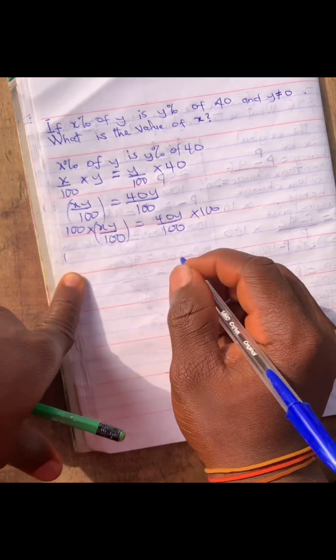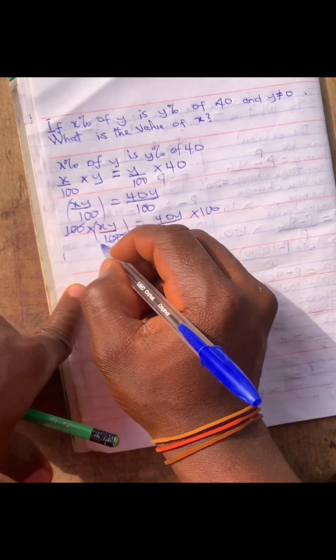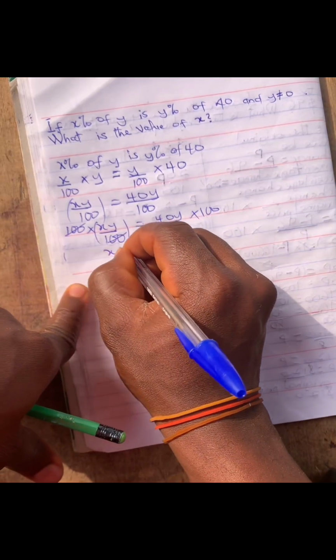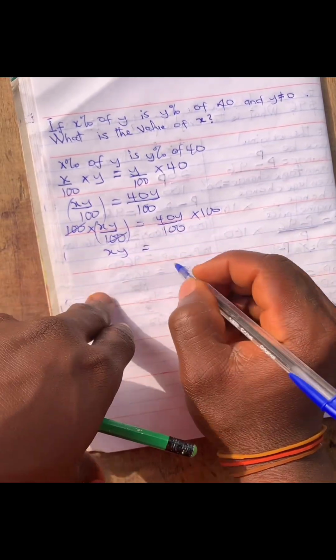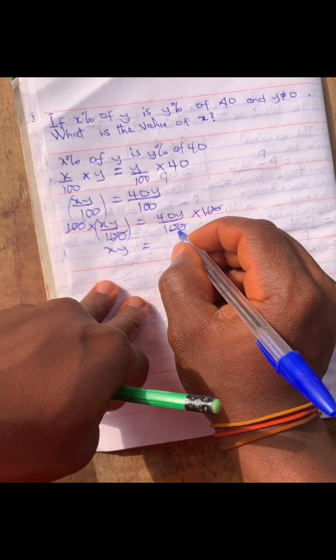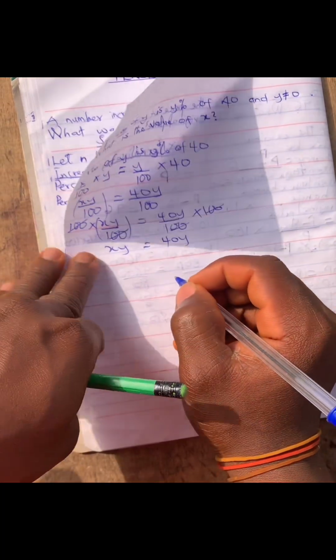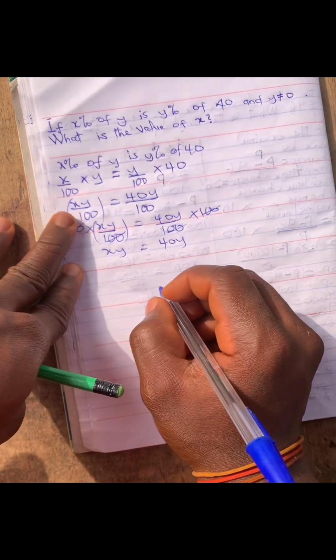Now this 100 divides this 100, making 1 times xy, which is xy, equals this 100 also dividing this 100, 1 multiplying 40y is 40y. Now we have y on both sides.